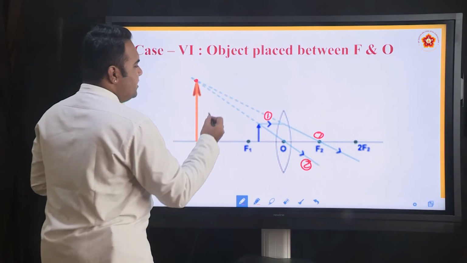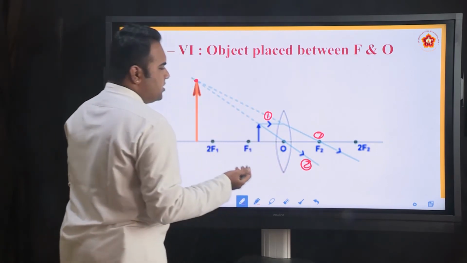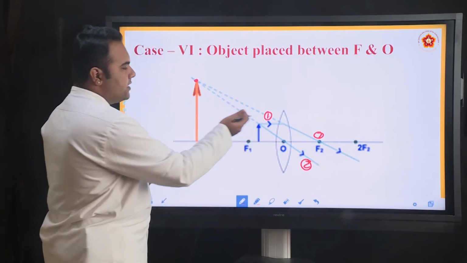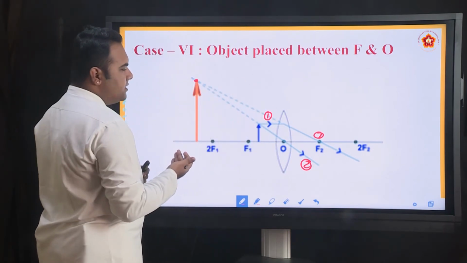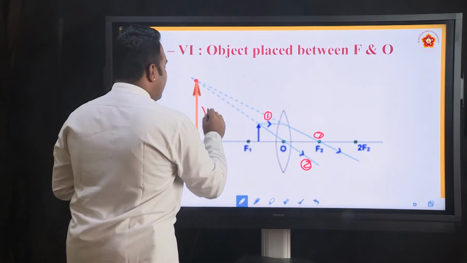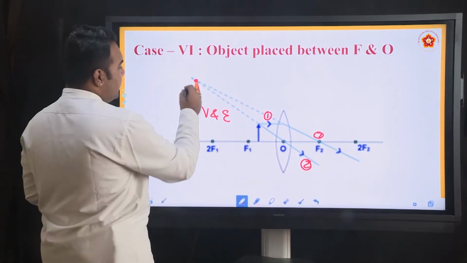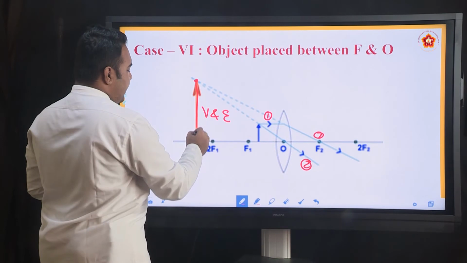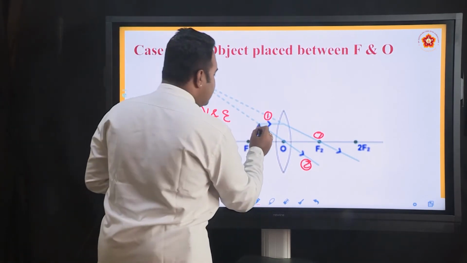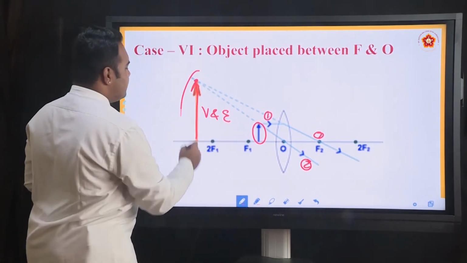So therefore, in this particular case, the image is not obtained on the screen, but the image is formed on the same side of the lens. It is virtual and erect image which is formed on the same side of the lens, and the dimension is enlarged. Look at the size of the object and look at the size of the image.